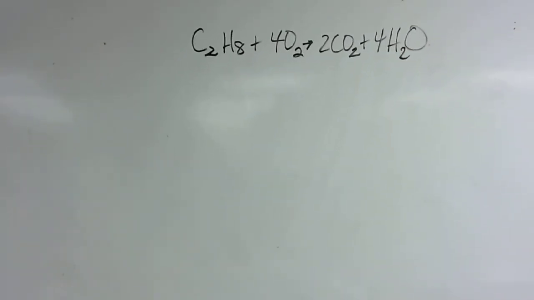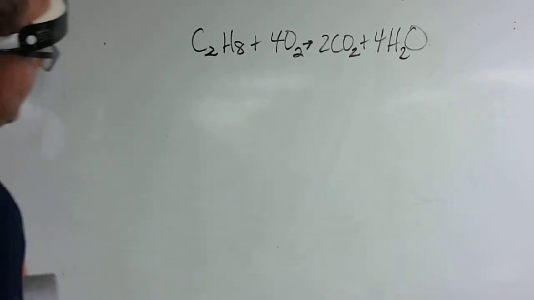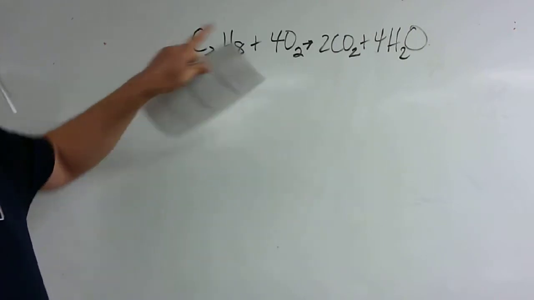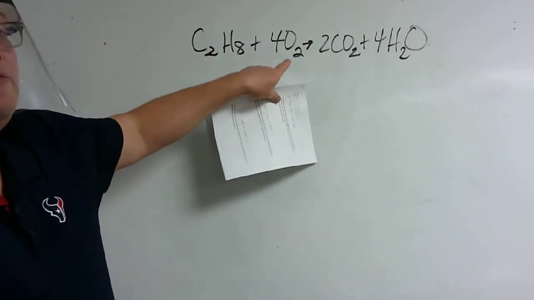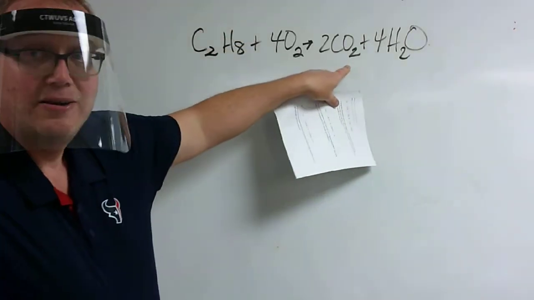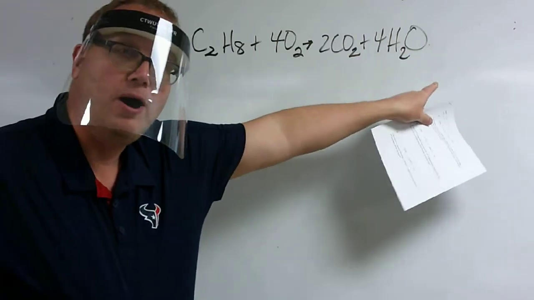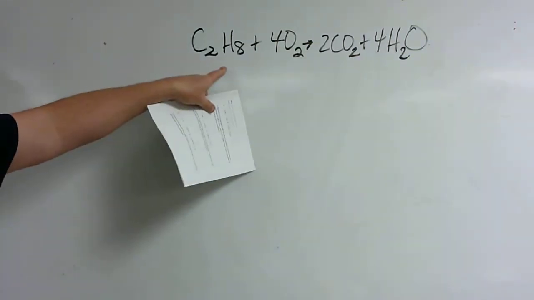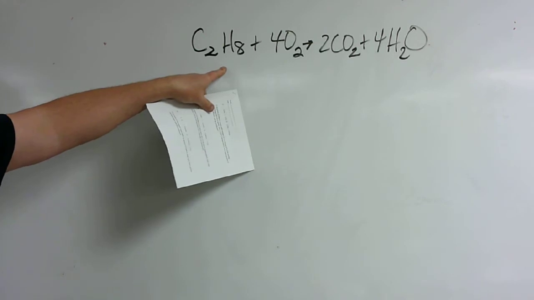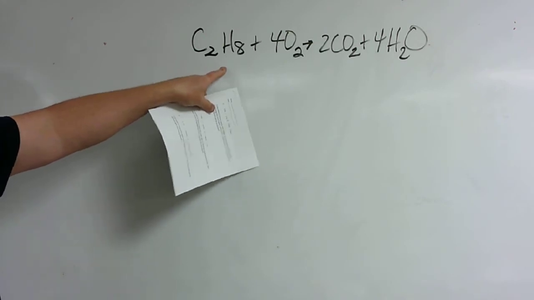Okay, so if I look at number one, it says 18 grams of ethane. Well, if I'm looking through here, we know that that's oxygen, carbon dioxide, water, so that's got to be ethane. Process of elimination.